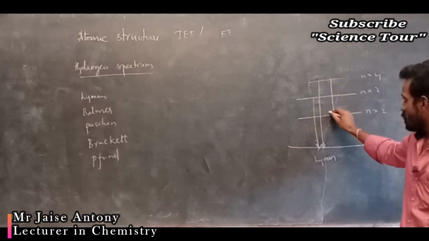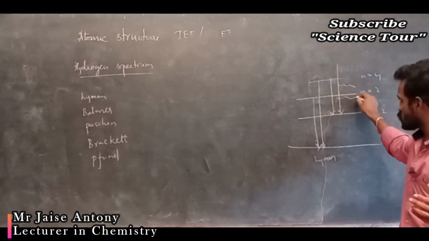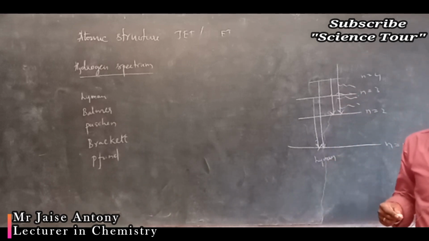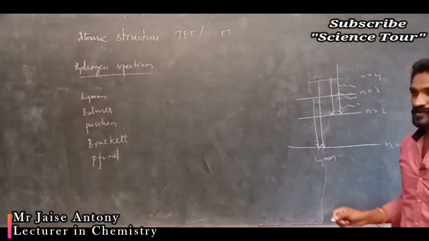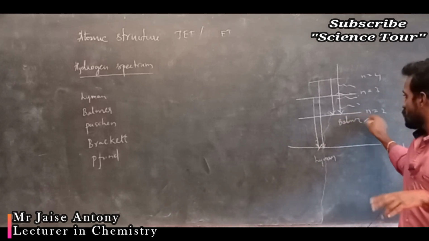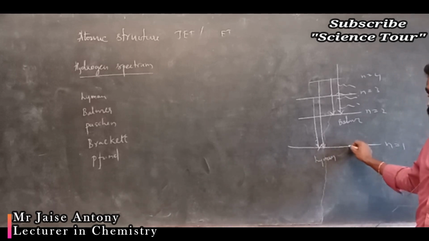By emitting radiation it reaches a lower energy level. If it reaches only n is equal to 2 level, it is named Balmer series. Like that, an electron absorbs energy from the ground state and jumps to a higher energy level.